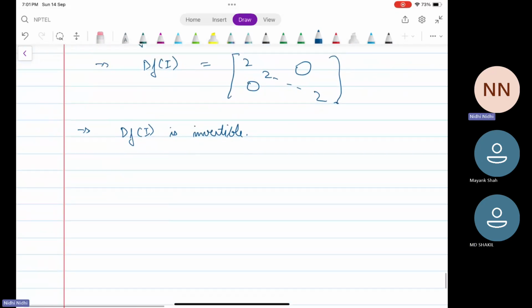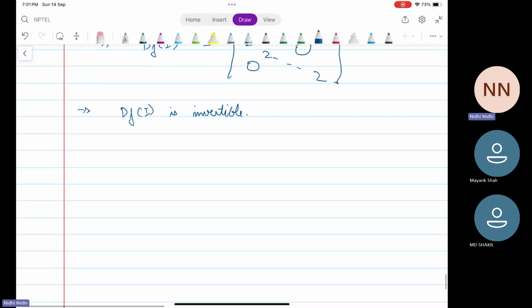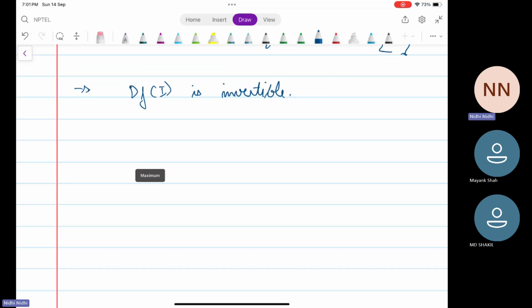Now this f is differentiable at the identity I and its derivative is invertible. Therefore, we can apply the inverse function theorem.